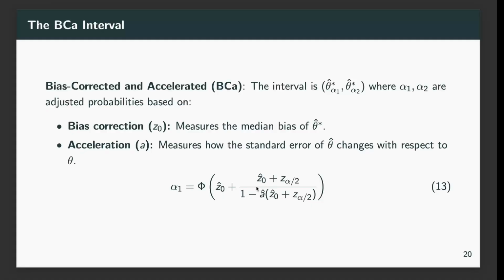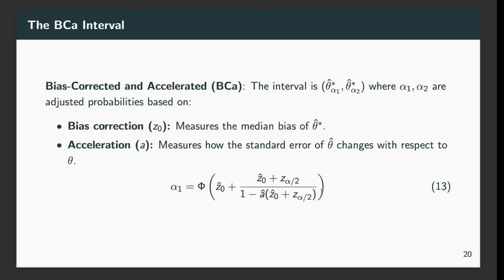So this is Phi of the estimated Z0 plus the fraction of these two: Z0 plus Z of alpha divided by 2, divided by 1 minus the estimated A. And I believe I may have missed the calculation for the A hat here. You can refer to the book.